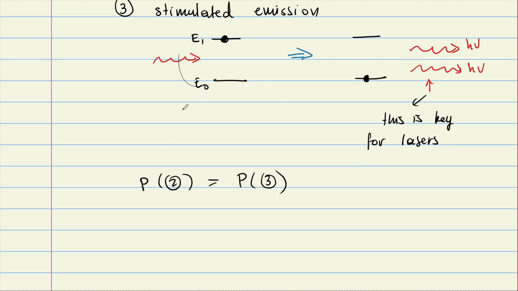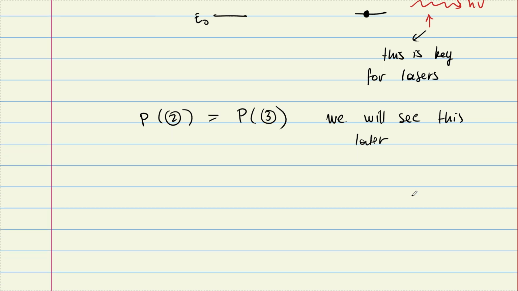We will see this later. But to achieve that, there's a little bit of technicality. You need so-called metastable states that you can put your atoms into, and then when you send the light, these metastable states can produce laser.